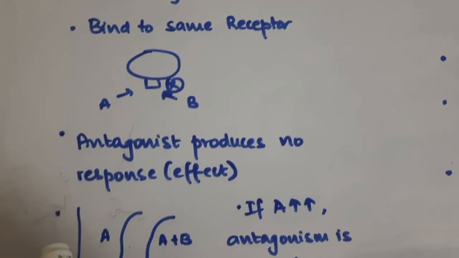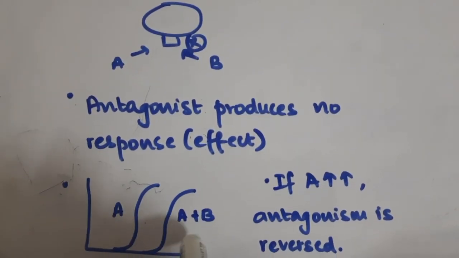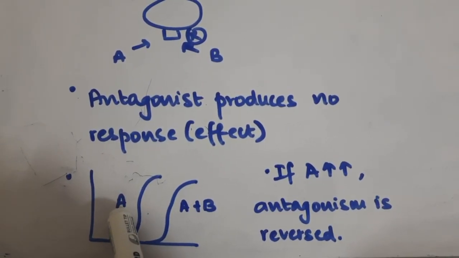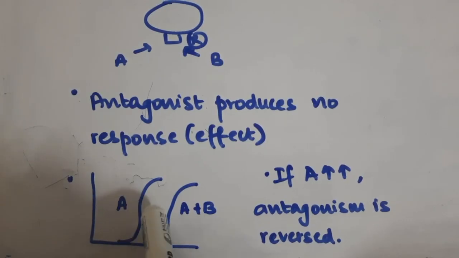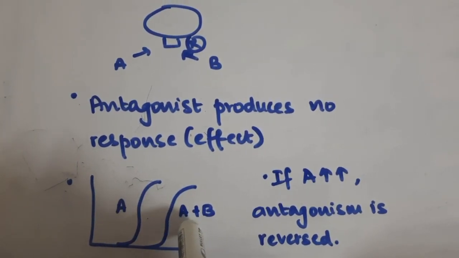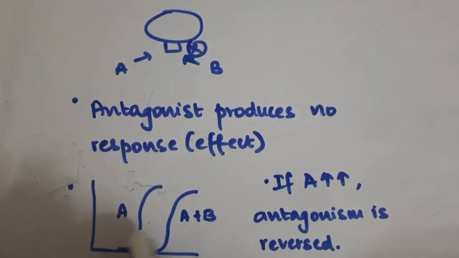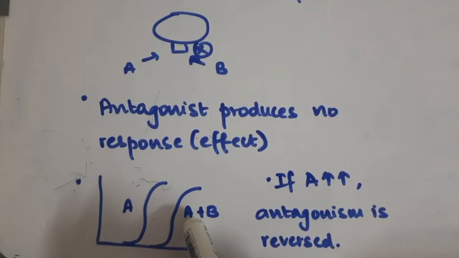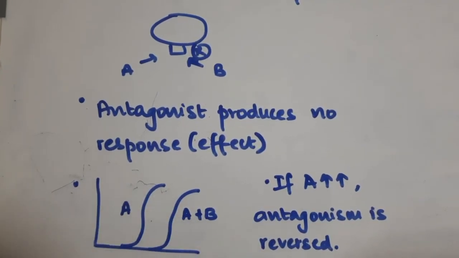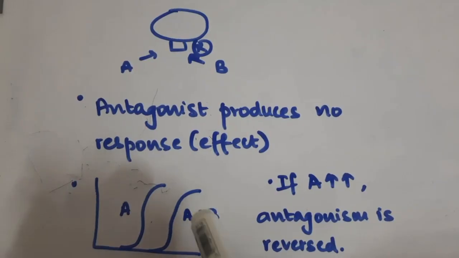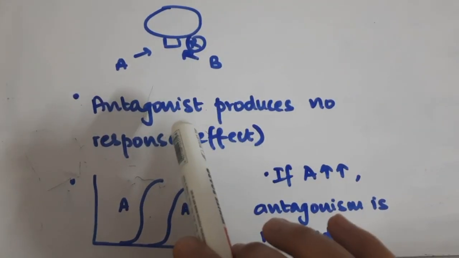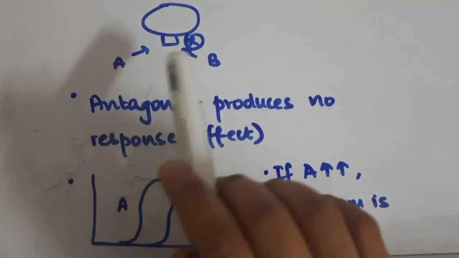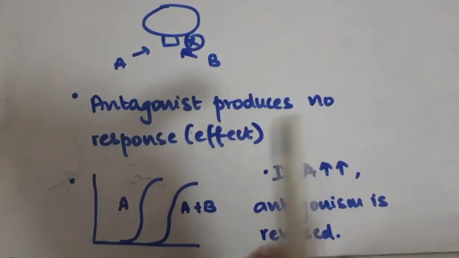If we look at the dose response curve, the DRC shifts to the right in this case. So if this was the dose response curve with only A, the DRC will shift to the right if both A and B are combined. This will mean that a higher dose of drug A will be required to produce the effect that we are desiring. What B has done is that it has bound to the receptor that A wanted to bind to, and it has produced a zero effect, no response.